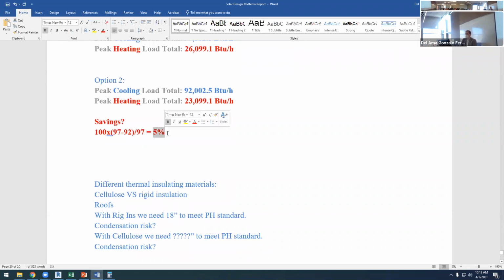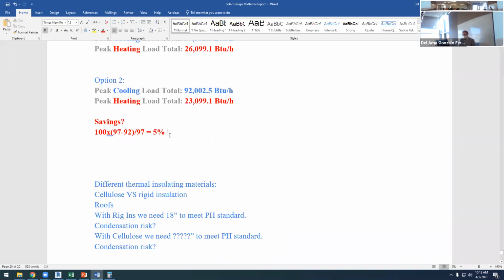This is not attractive. So you have to be honest to your client, and you have to tell the client, okay, you have a very good house. So if you want to save more money, you are almost meeting the passive house standards. Probably tearing down your walls and building the walls again with a little more thermal insulation won't make a difference because the savings are only 5%.